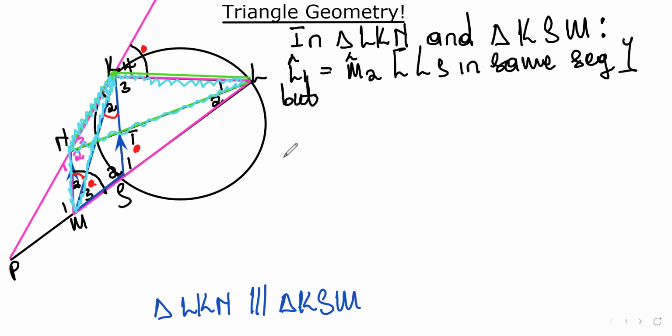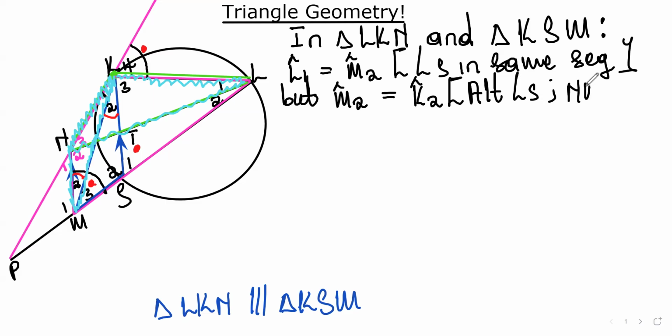But we know that angle M2 is equal to angle K2 because they alternate. And the reason why they alternate is because NM is parallel to SK.